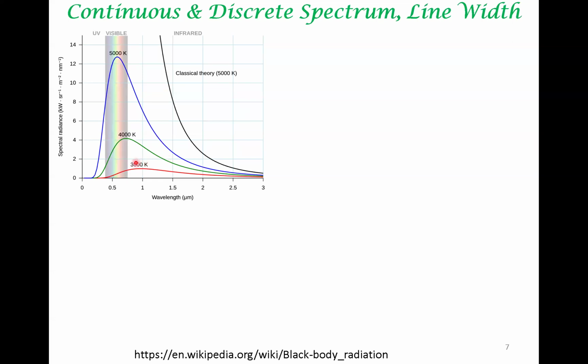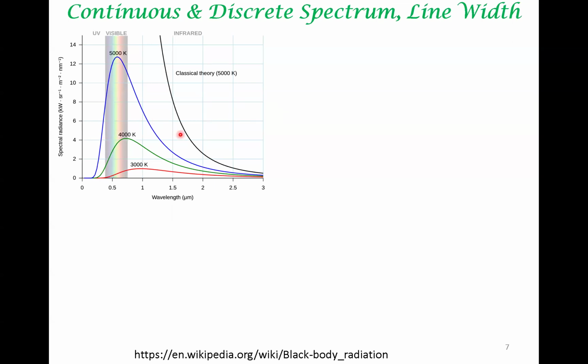This is Wien's displacement law: as the temperature increases, the peak is at a lower and lower wavelength. But that is not too important. What is important is that you have a continuous spectra; that is, at all wavelengths, you have some radiation. This is a very good example of a continuous spectra.